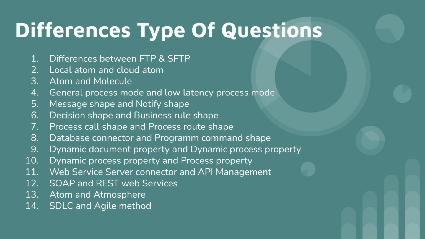And it's better to take one example and explain clearly how dynamic document property will store values and how dynamic process property will store values. And next, dynamic process property and then process property differences. So first, what is process property and then types of process properties, and you can explain differences between both dynamic process property and then process property.